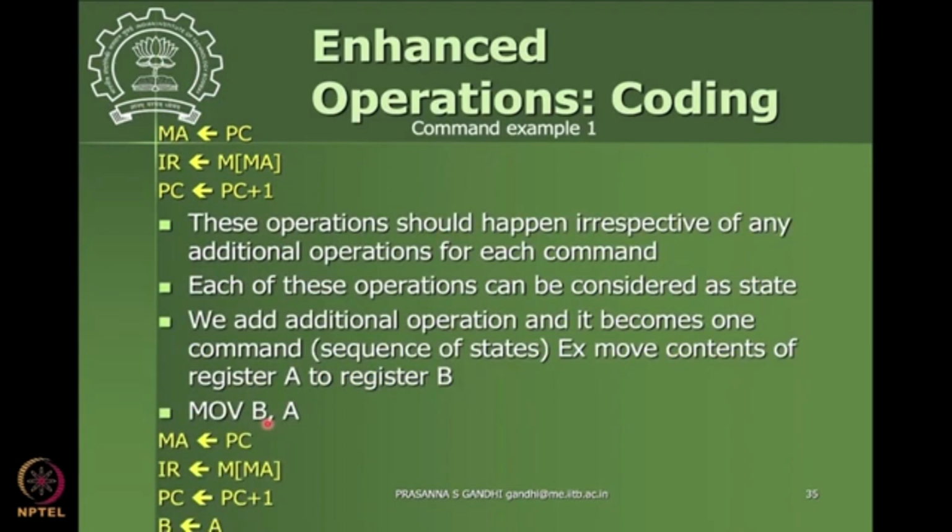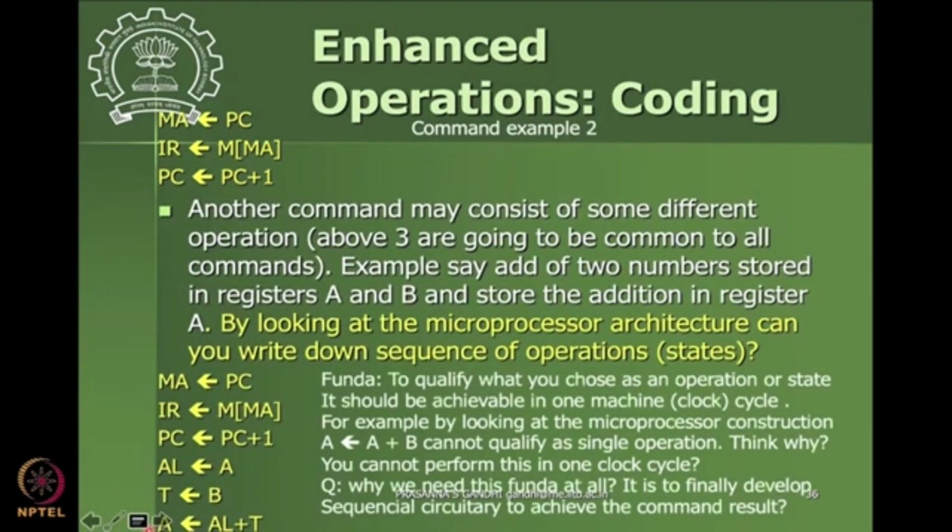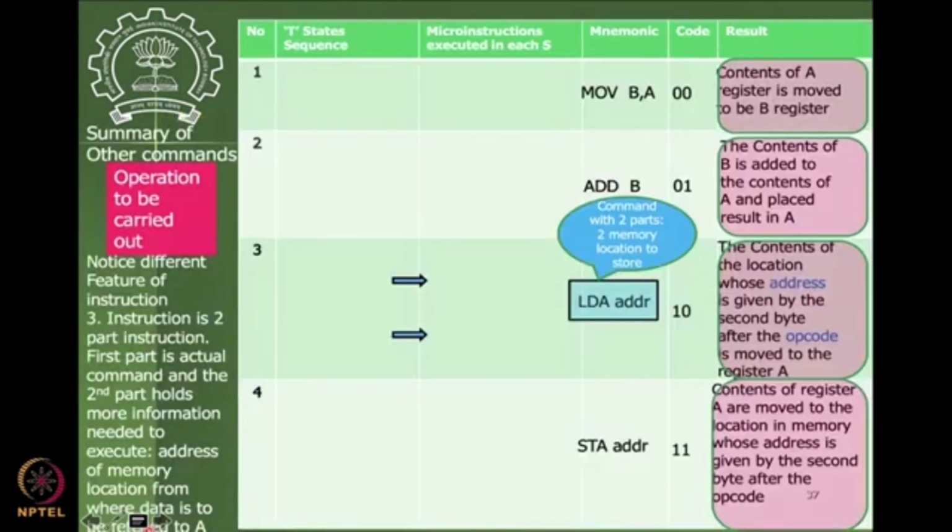This is command 1, where just the moving of the contents of register A to B happens, and then there is a second command. We want to see how these commands can finally be executed. So we create a table in which we have these commands, which are now called mnemonics.